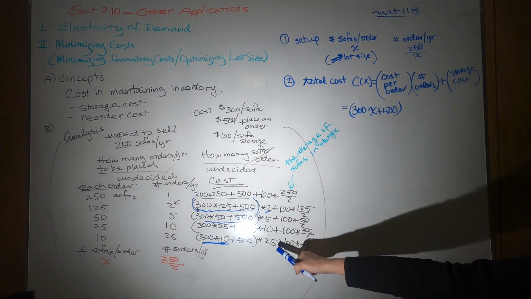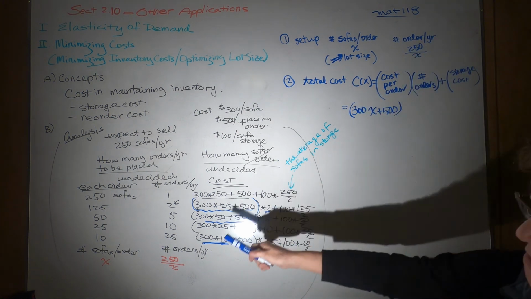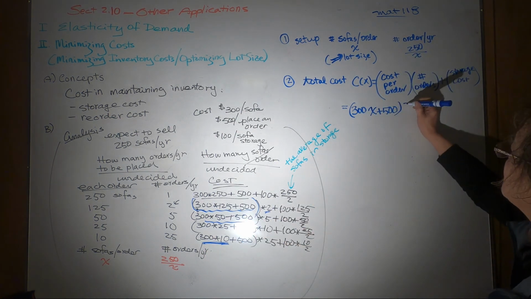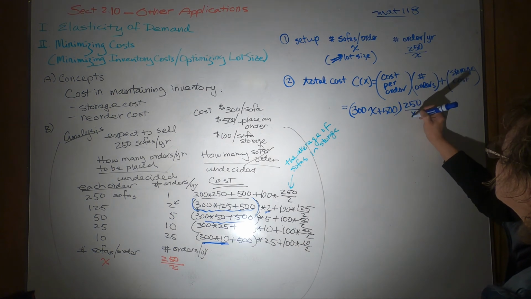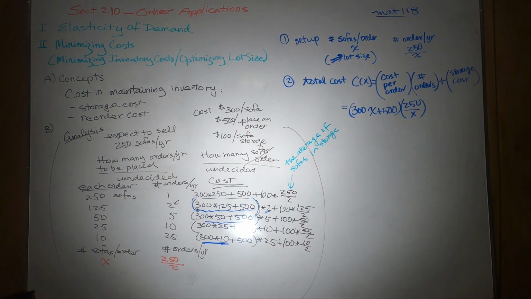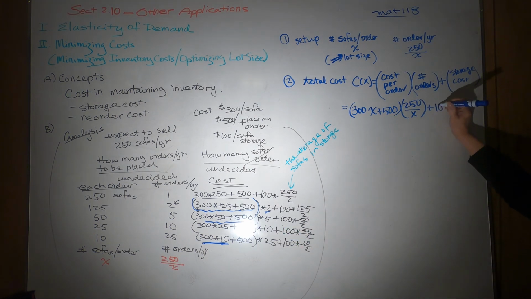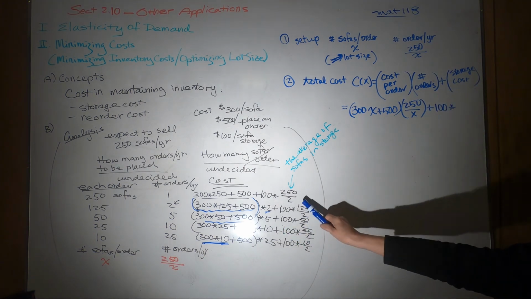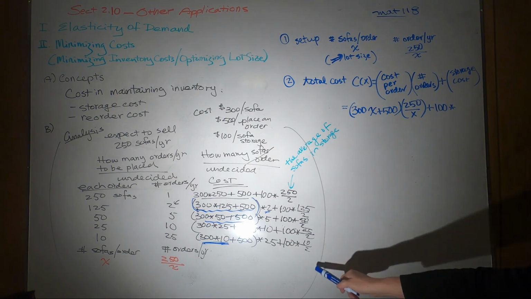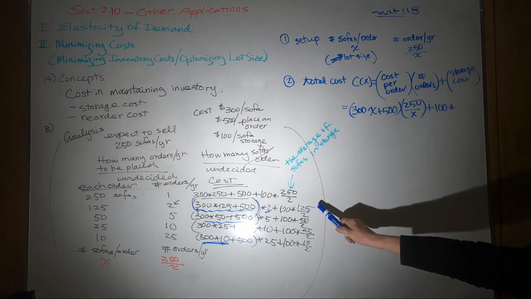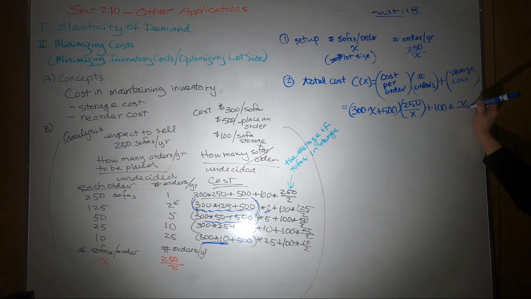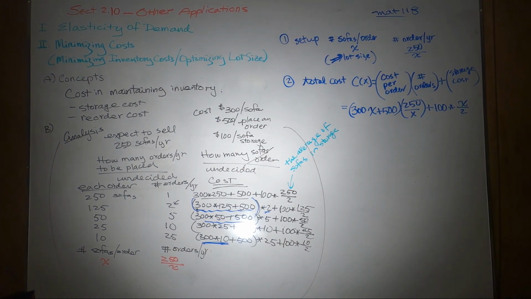Then times the number of orders, which is 250 over X. Is that right? Plus storage. Storage is $100 times how many in the inventory, how many you order. That's your X, then your X divided by 2. That's how you write your function.